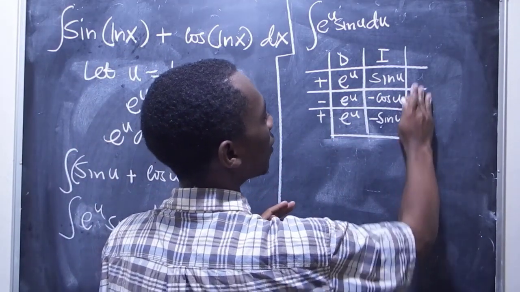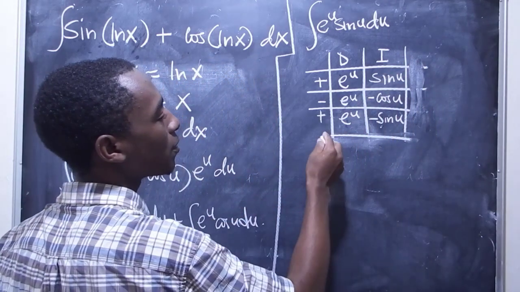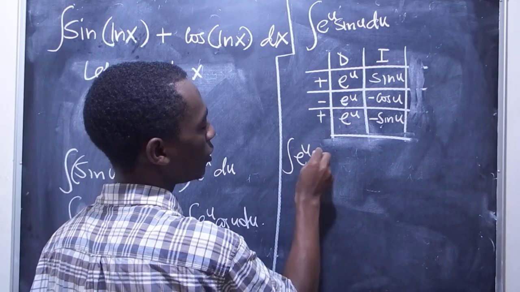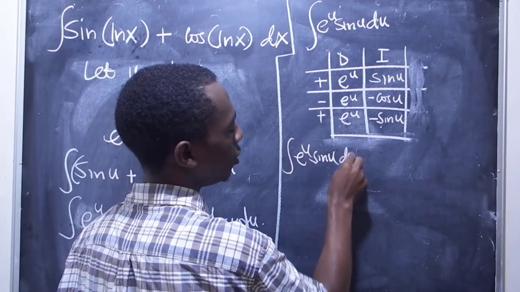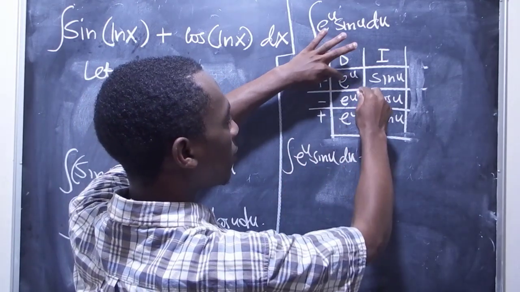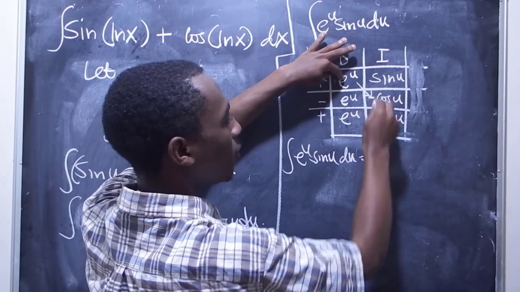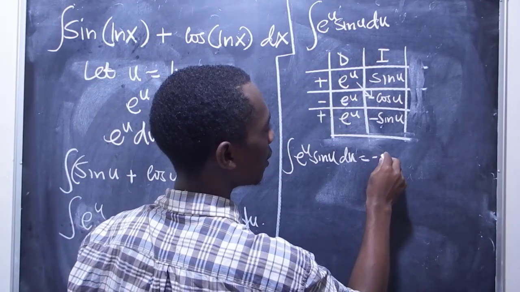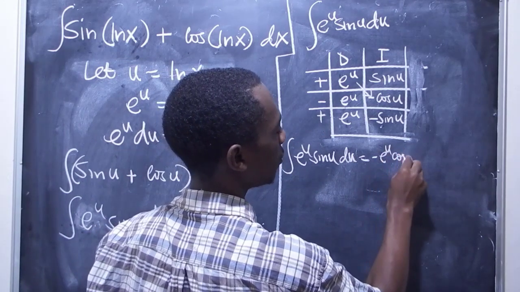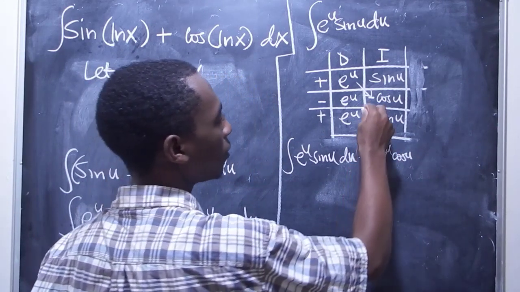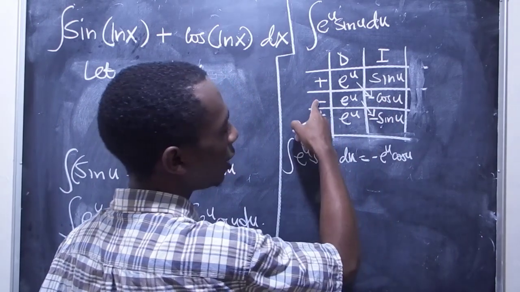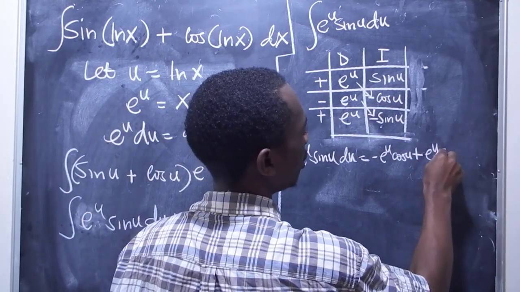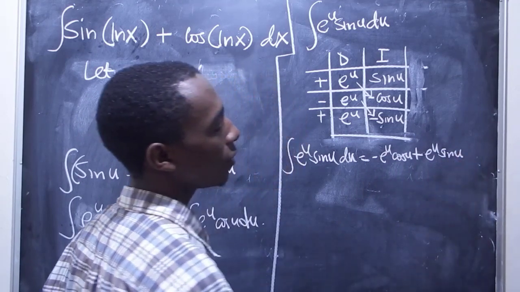No more. Okay, so let's write out this integral. The integral of e to the u sine u du equals, so we multiply diagonally, e to the u times negative cos u, that's negative e to the u cosine of u. Okay, let's come to the next one. Negative times a negative, that's going to be a plus e to the u sine u.